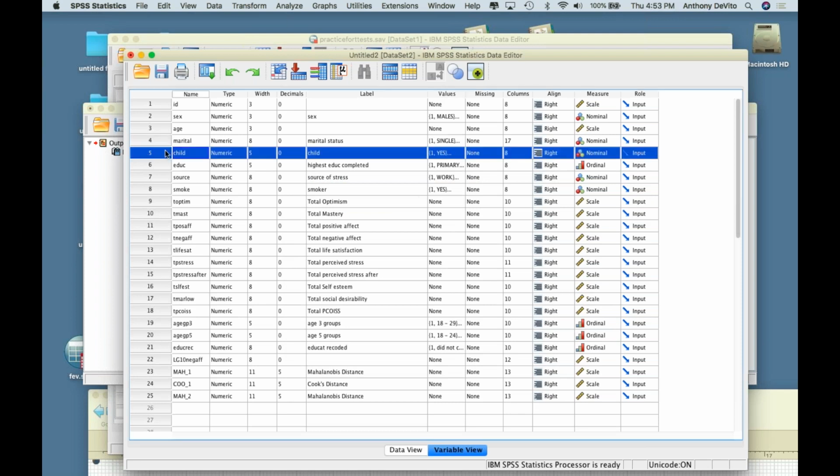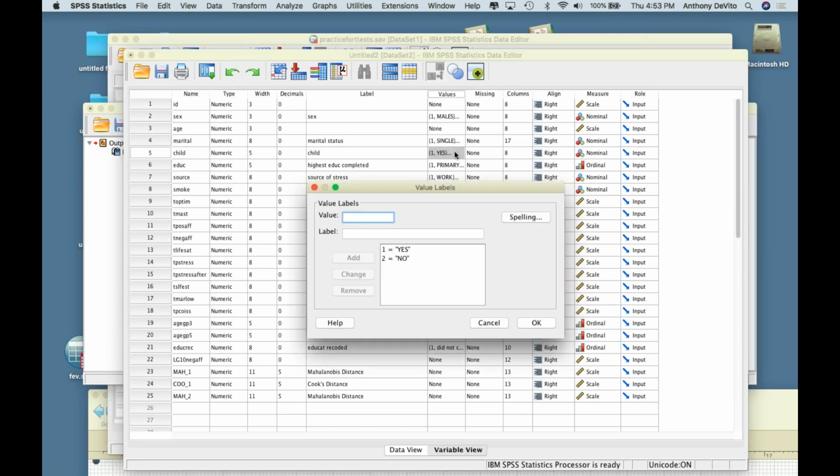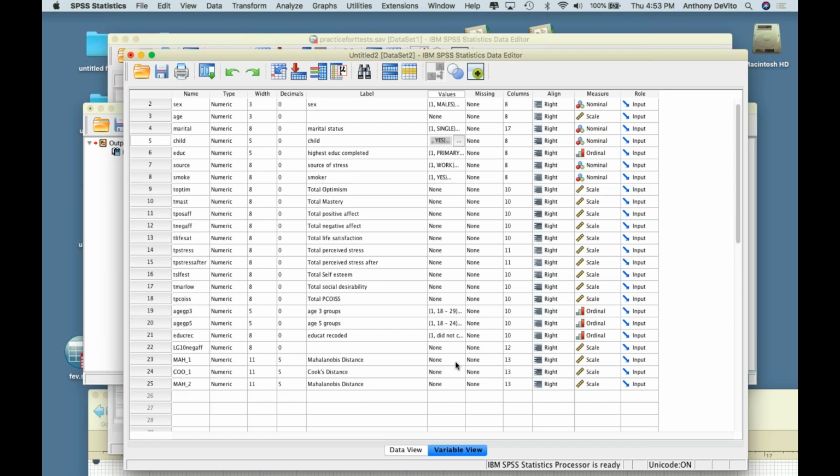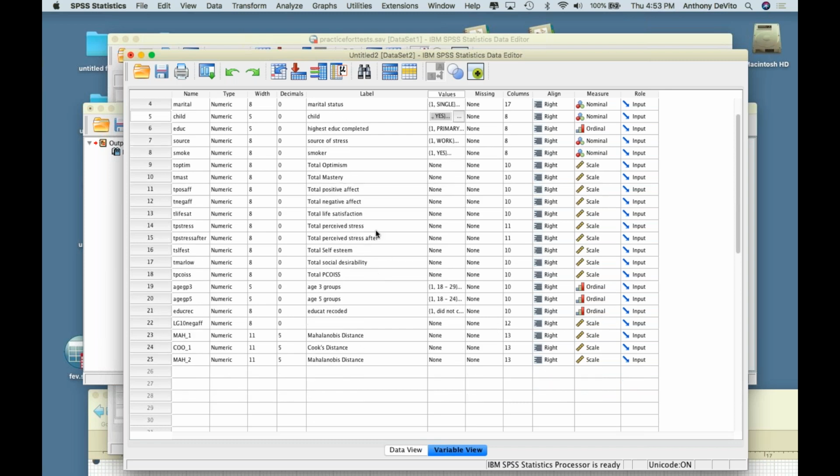Whether or not a person has a child, that's a yes or a no. So we have a lot of nominal variables that have 2 groups. Has a child, don't have a child, male, female, and so on, right? Those are nominal variables.